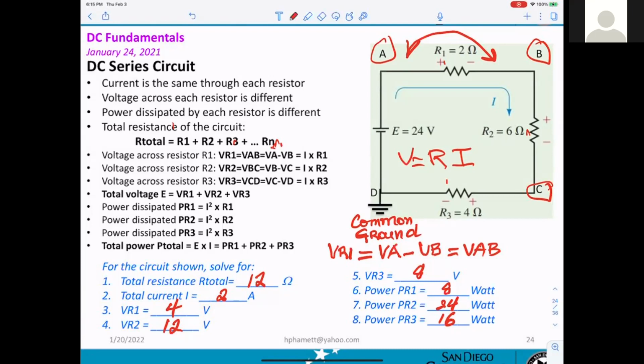Okay, they want to calculate the current, and you know I equals V divided by R total. With that formula we just plug in the voltage of 24 and R total, you get 12.